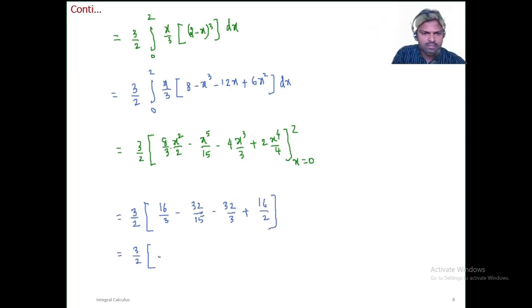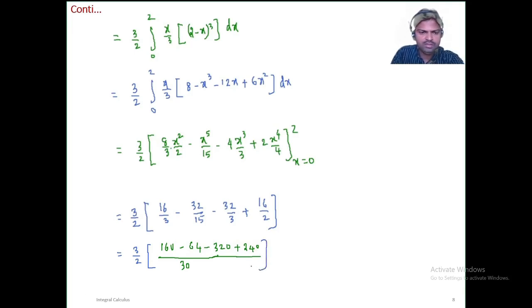So take the LCM. The LCM will be 30. 3 tens are 160 minus 15 into 32, 2 times 32 is 64... minus 10 into 32 is 320, and plus 15 into 16 is 240.